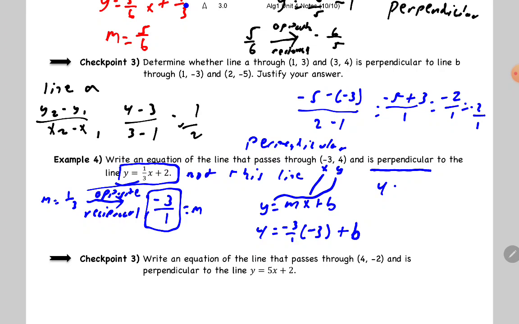So I have 4 equals -3 times -3 is +9, plus b. Subtract 9, and we'll get b equals -5. So y equals -3x minus 5.